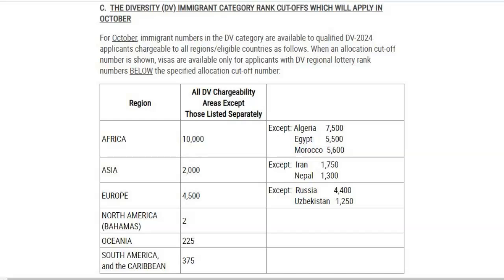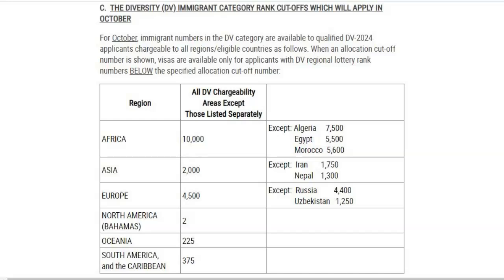So back to the diversity visa section of the visa bulletin that was released during the month of August last year. As we saw earlier for the DV 2024 program, the cutoff number that was established for the Africa region is 10,000.